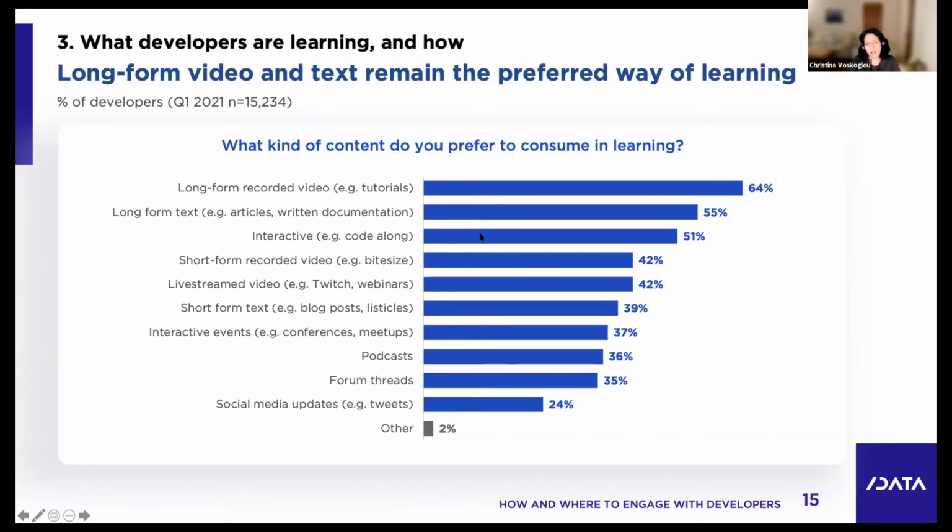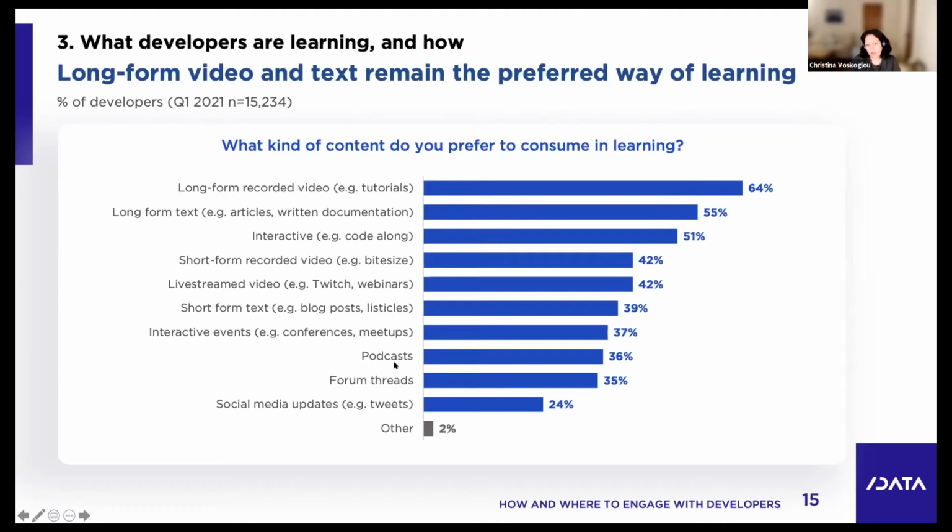As you can see, it is long form video or text that ranks at the top, and then followed by interactive sessions such as code along. So these three are relevant to more than half of developers out there.